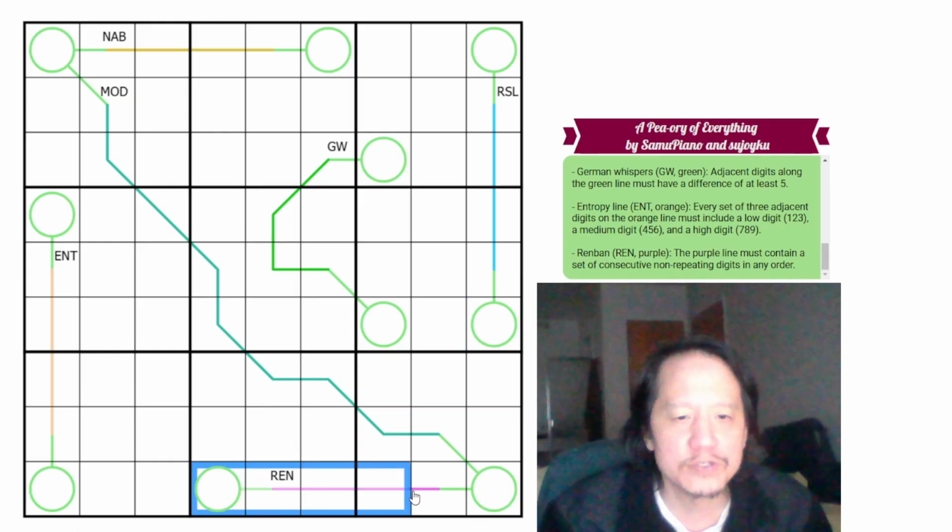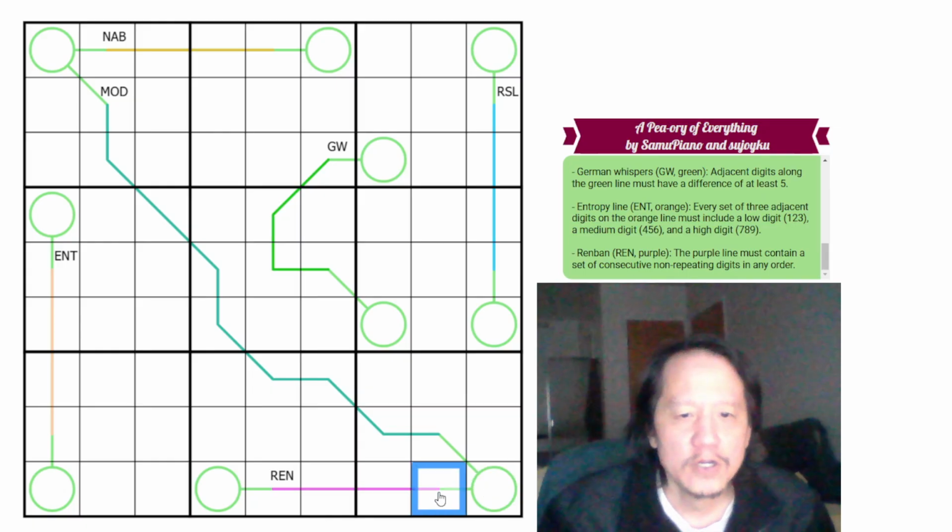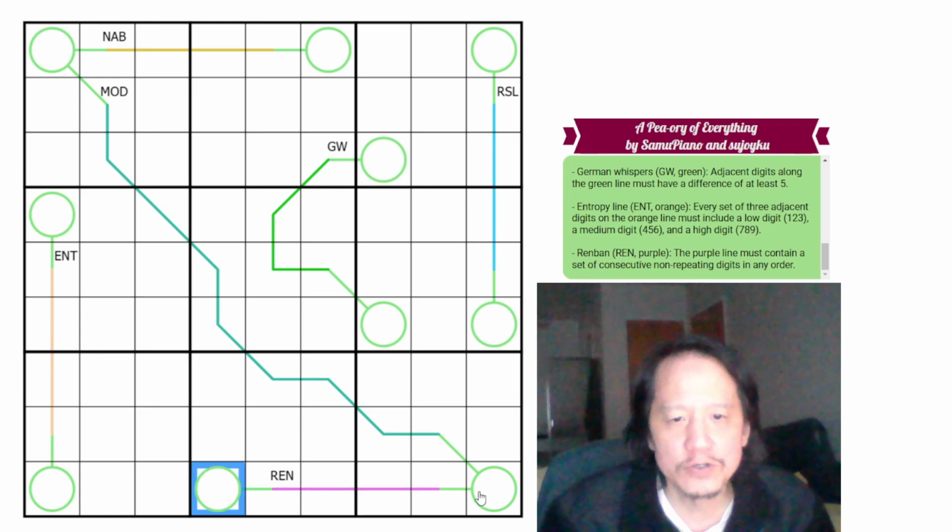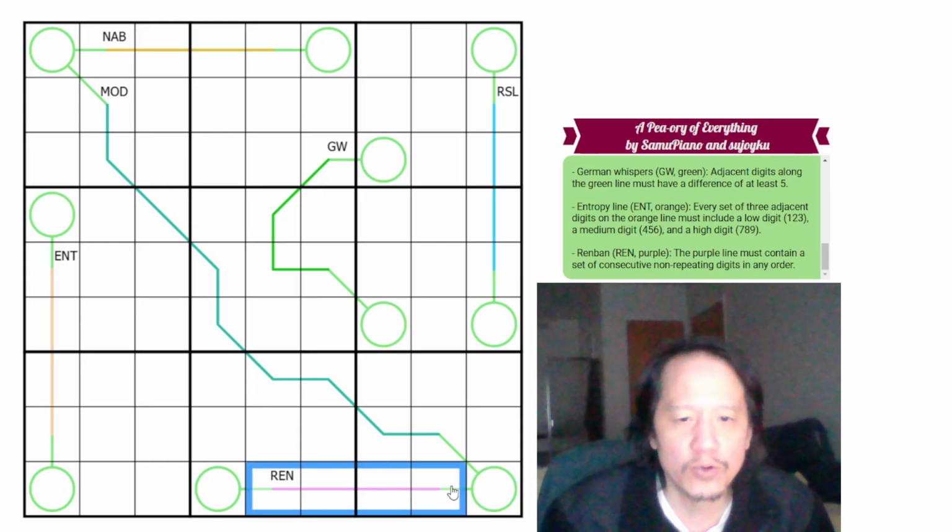Renban. So we tried 1, 2, 3, 4. That adds up to 10, which is not allowed for 2 digits. 2, 3, 4, 5 adds up to 14, which is also not allowed in the Renban because you already have 2, 3, 4, and 5 there, so you can't have a 4. 3, 4, 5, 6 is possible because it adds up to 18.